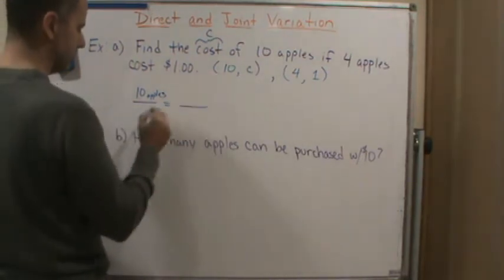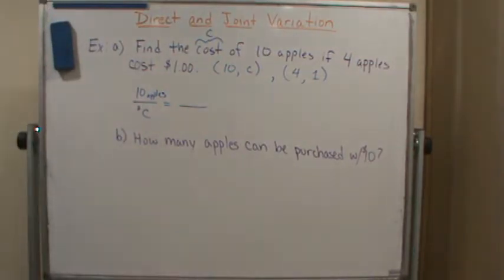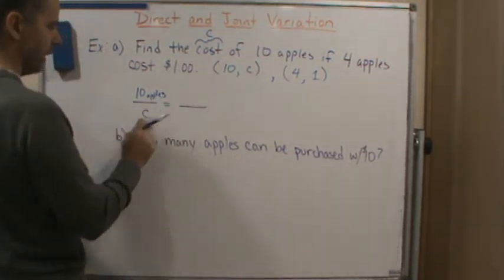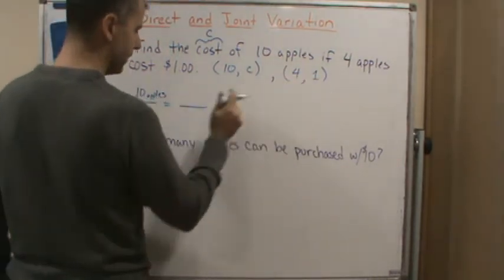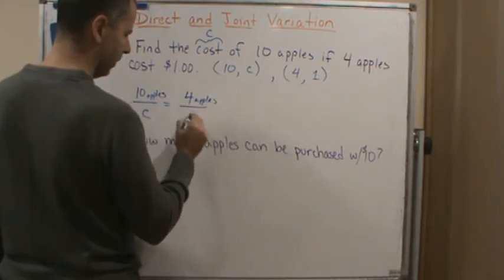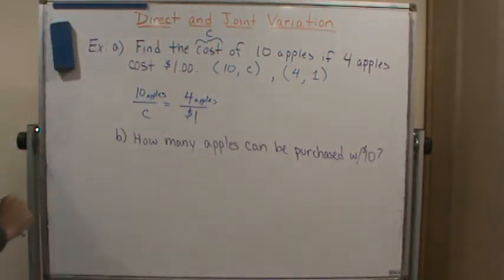And then C dollars. So we've got apples over dollars. Over here we want apples over dollars too, so we're going to take this point and fill in 4 apples over $1. Now let's solve this proportion.